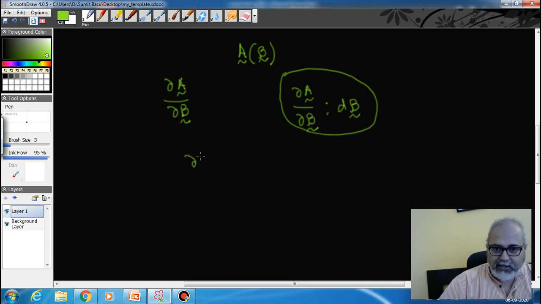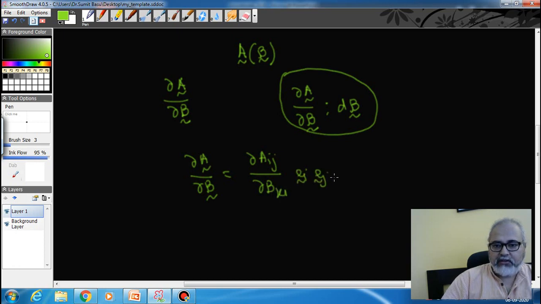Therefore, del A, del B, where both A and B are tensors, will be del Aij, del BKL, EI, EJ, EK, EL. These would be the components in the Cartesian system, and this is how you will write the fourth order tensor.